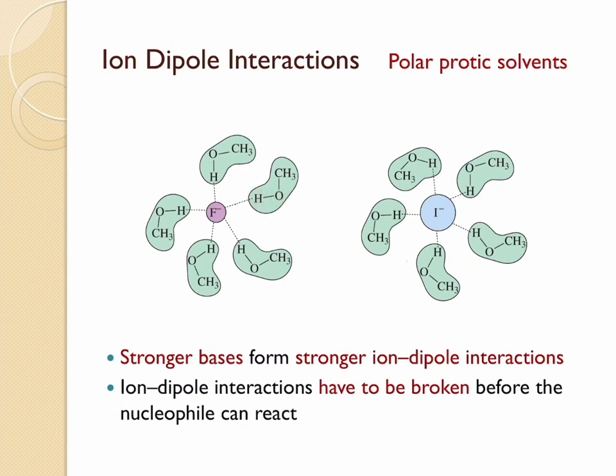Now, what happens in a polar protic solvent is the nucleophiles or the stronger bases are going to have better coordination with this hydrogen, or in other words, they are able to form hydrogen bonds. This hydrogen is able to have ion dipole interactions with the F minus. Because F minus is a stronger base, it is able to form strong ion dipole interactions here.